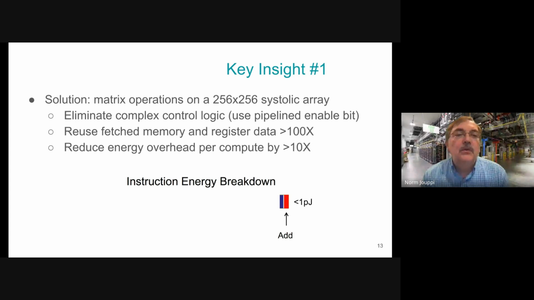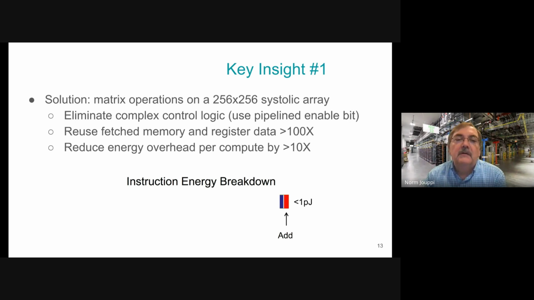And the tool that we pulled out was systolic arrays. Systolic arrays were developed in the late 70s and early 80s, primarily for signal processing. They didn't catch on widespread for computing at the time, but they're extremely efficient in terms of compute per power.